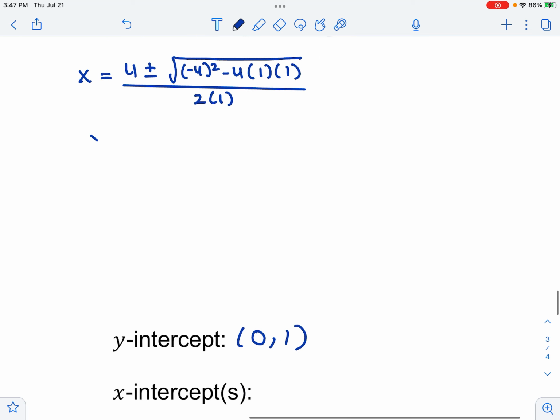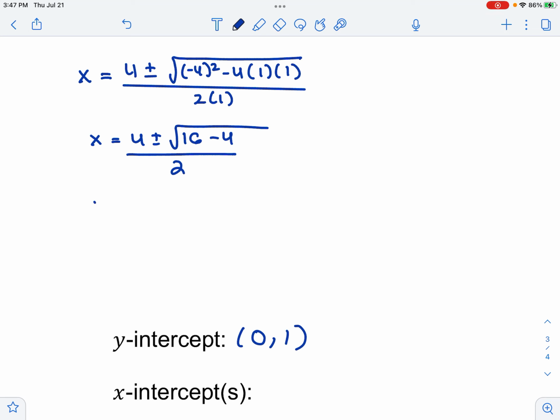Now I've got to clean up this quadratic formula. So I have 4 plus or minus the square root of negative 4 squared, or negative 4 times negative 4, which is 16, minus 4, all over 2. x equals 4 plus or minus the square root of 12, all over 2.